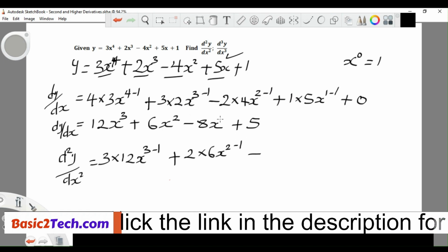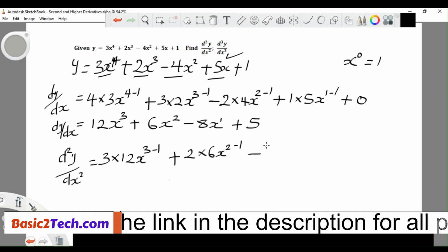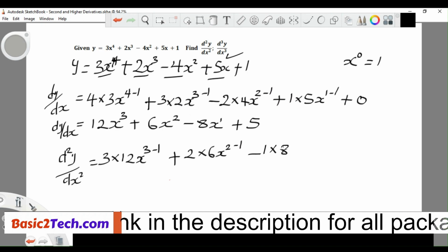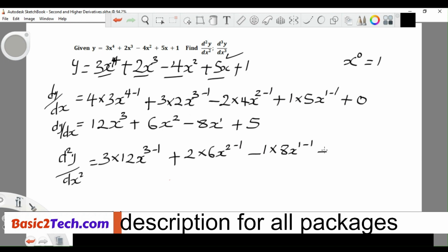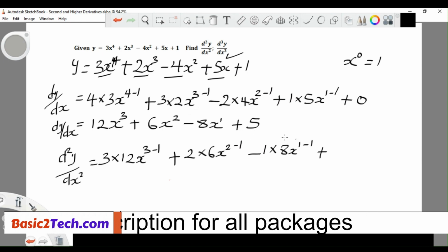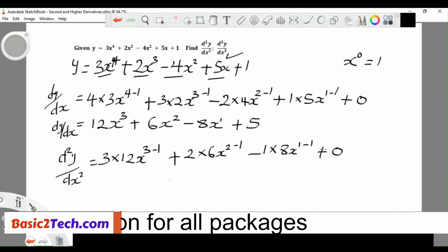Remember, guys, that here is power 1, so it's 1 times 8x, then 1 minus 1, plus. Now 5 is a constant, that gives us what? 0. So when we are differentiating a constant, it gives us 0.